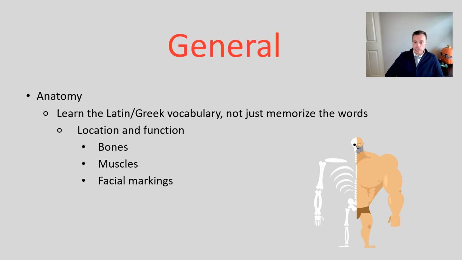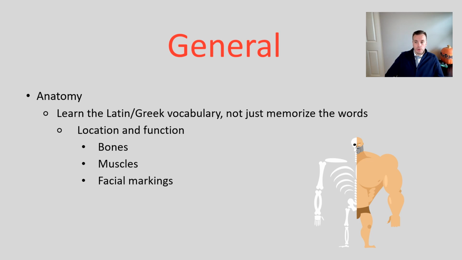Now, the muscles get a little bit more difficult, right? So, like for example, we have levator palpebrae, which is a location and a function, right? It is the elevator of your eyelid.